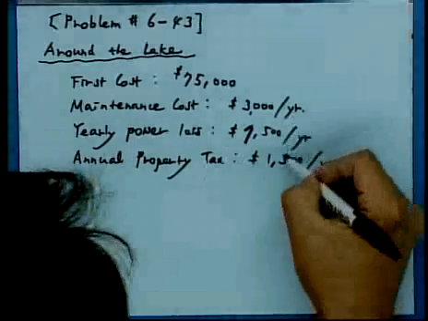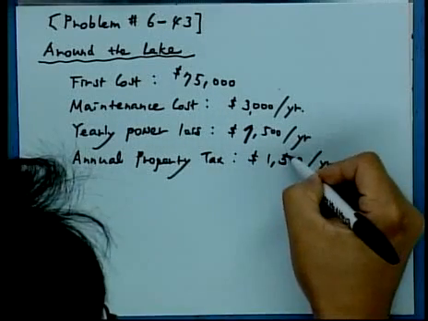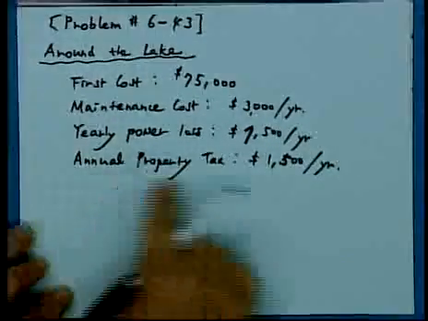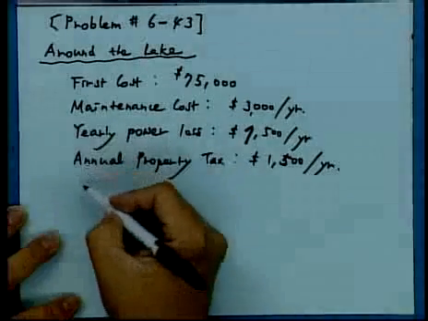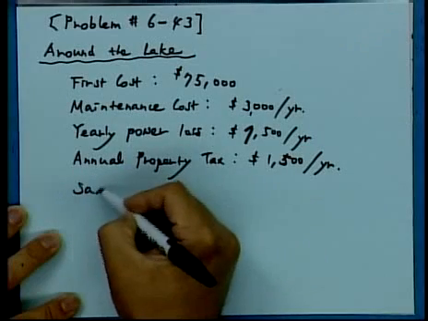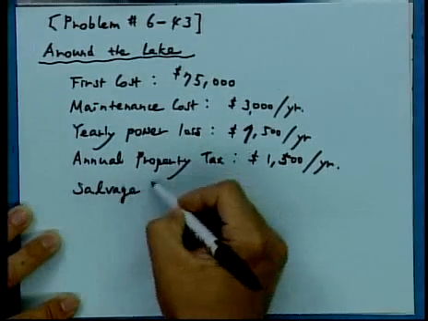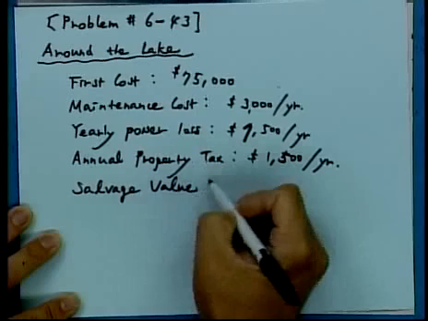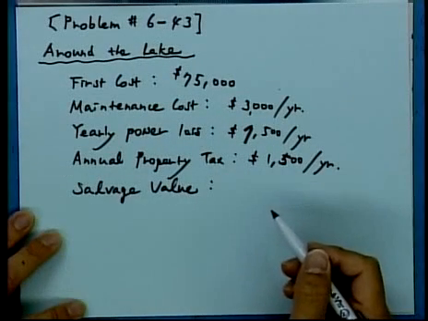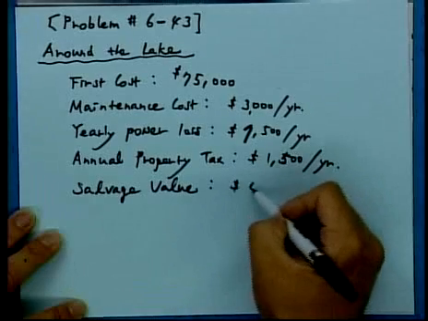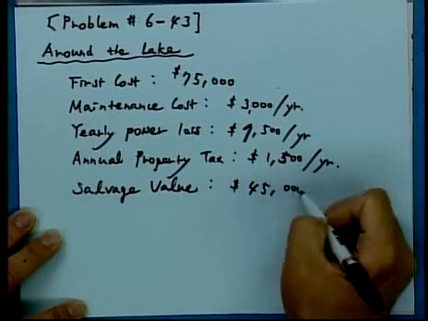So $1,500 per year would be the annual property tax. And how about the salvage value? Salvage value is $45,000.